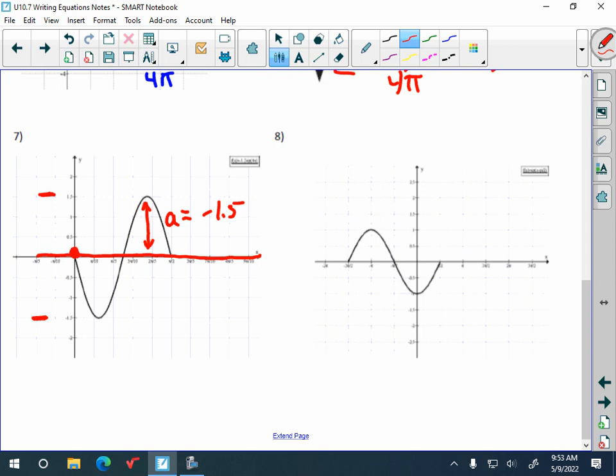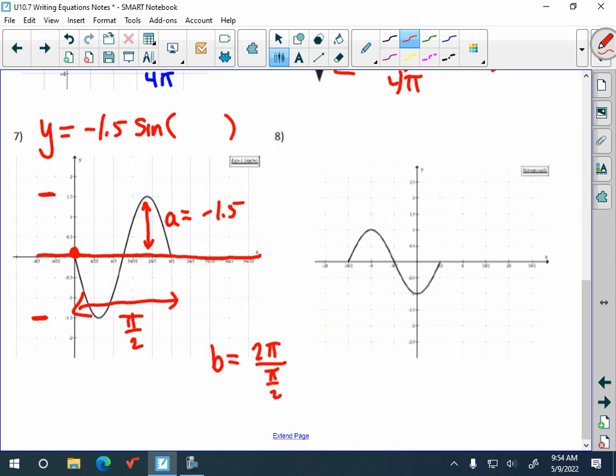Starts at 0 and ends at pi over 2. So it looks like one cycle is pi over 2. So our equation is y equals -1.5 times sine. So we need b. So b equals 2 pi divided by the period, pi over 2. And so that would be 4.